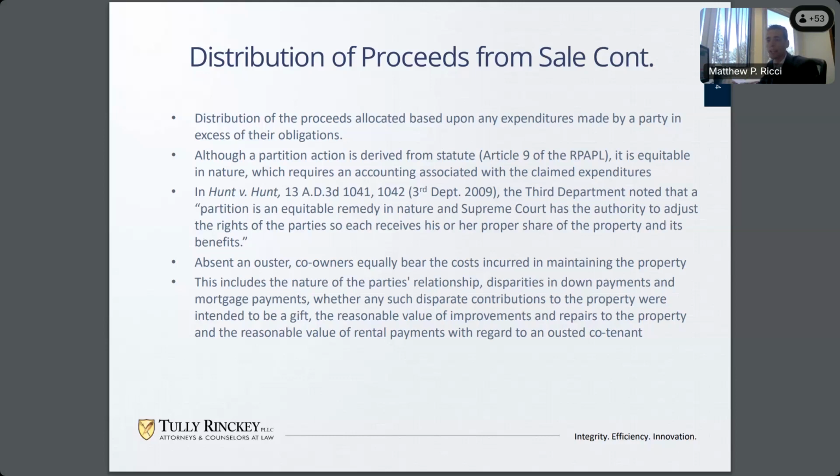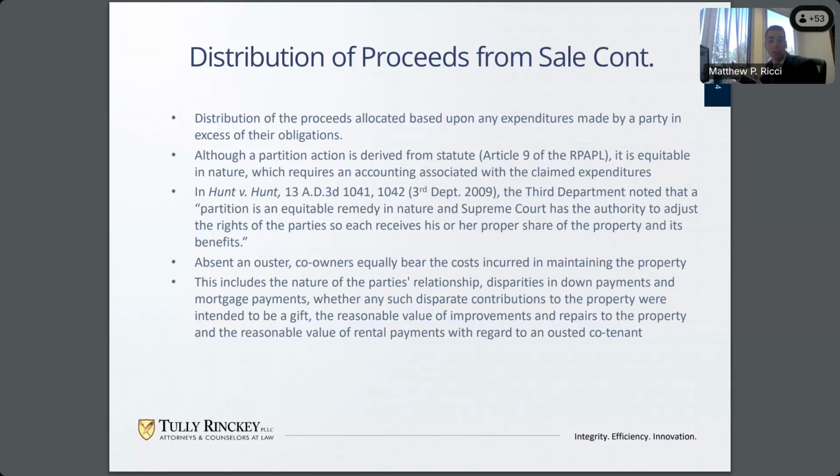So, in practice, absent any type of ouster, and those situations do occur, and there is case law regarding that, where maybe husband, wife, they break up, they still own a property, and the wife expels the husband from the property and forcibly removes him.